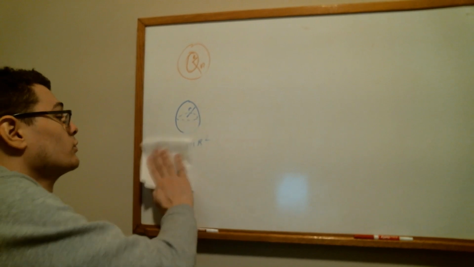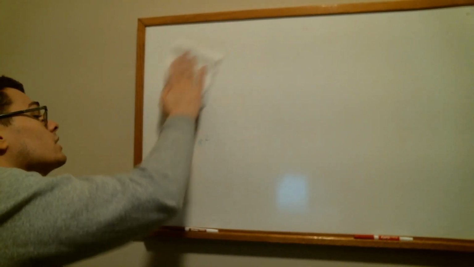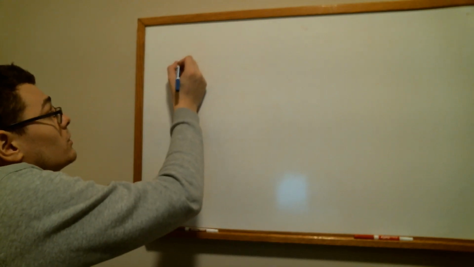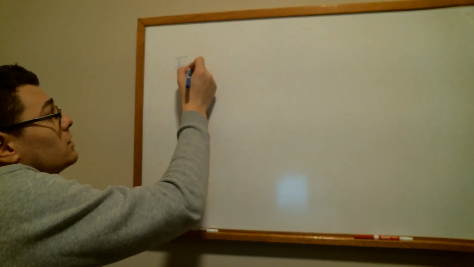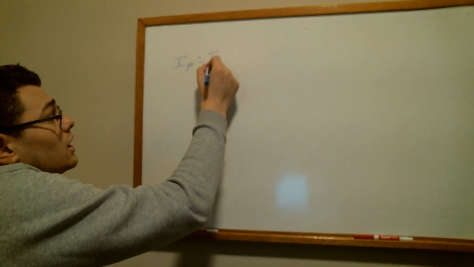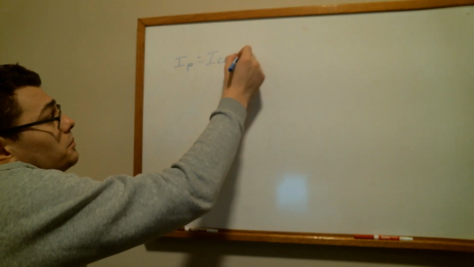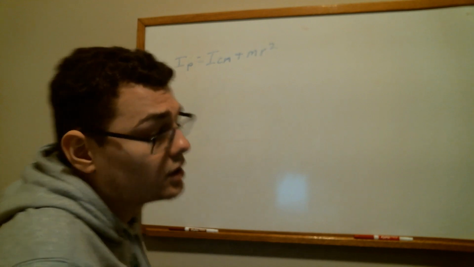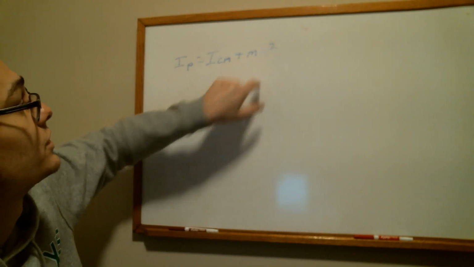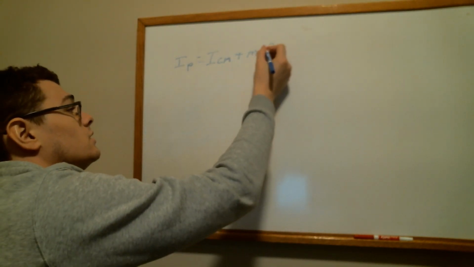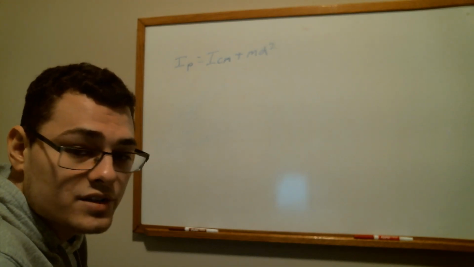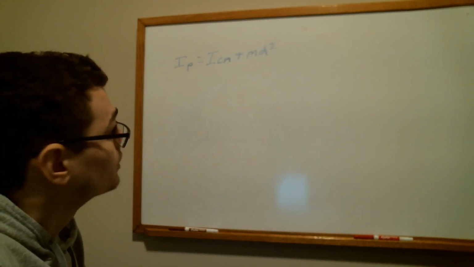Next up, we have to remember how to use the parallel axis theorem, and you just have to remember that I_P is equal to I_CM plus M R squared. In most cases, you'll see this as a d instead, but it's just the distance from the axis of rotation of the mass that is rotating around your system.